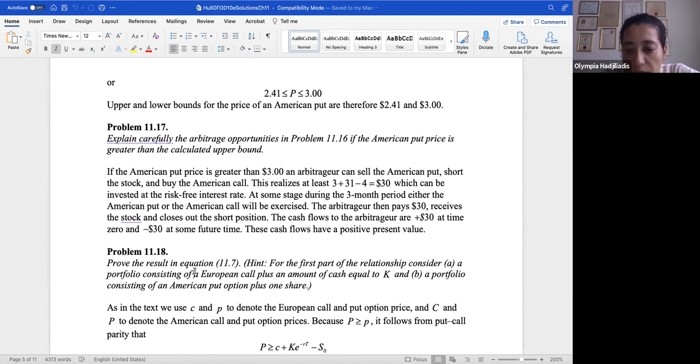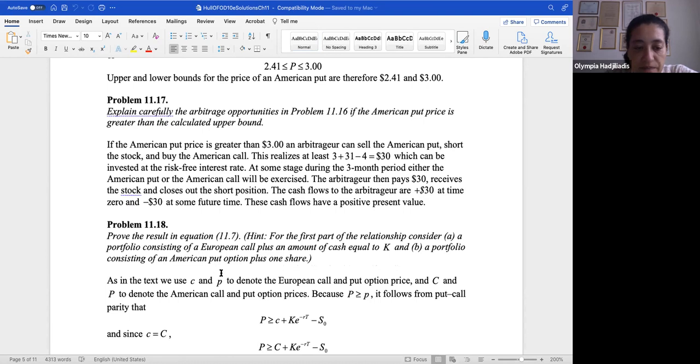For the first part of the relationship, consider a portfolio A consisting of a European call plus an amount of cash equal to K, and portfolio B, consisting of an American put plus one share. As in the text, we use lowercase c and p to denote the European call and put option prices, and capital C and capital P to denote the American call and put option prices.